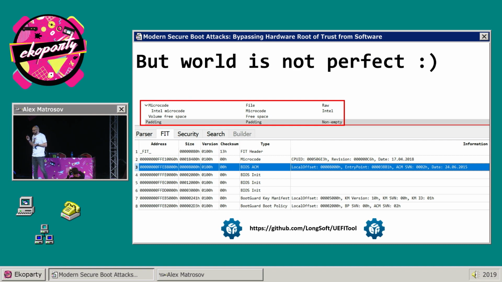First of all, BootGuard doesn't cover the microcode and ACM. So basically, if we have any vulnerable versions of ACM and microcode, we can downgrade them. And we can use one-day issues to attack this technology.